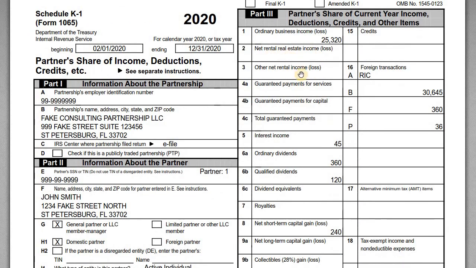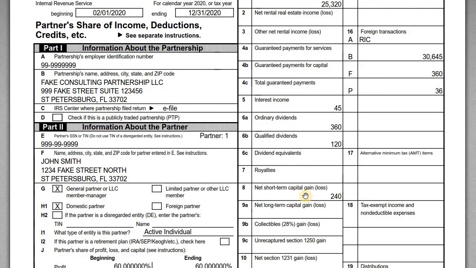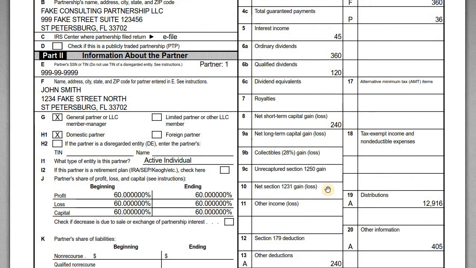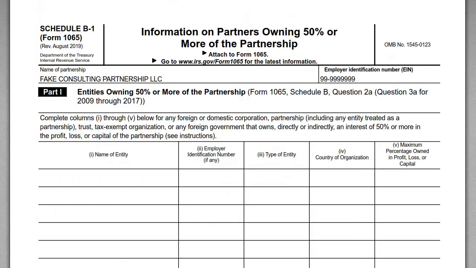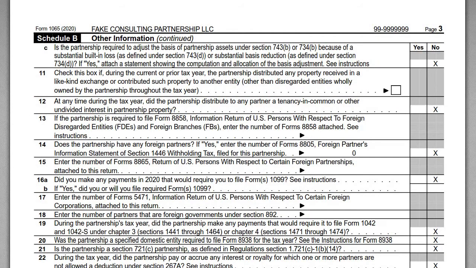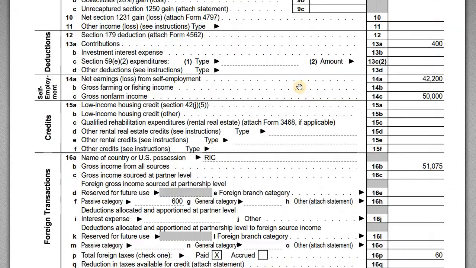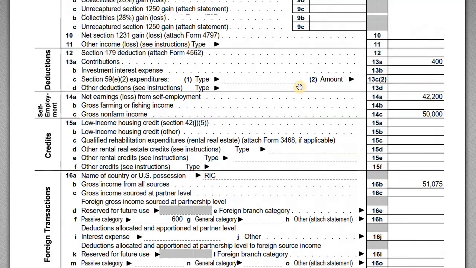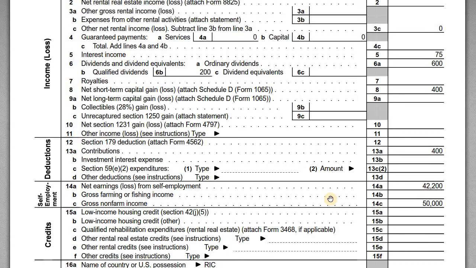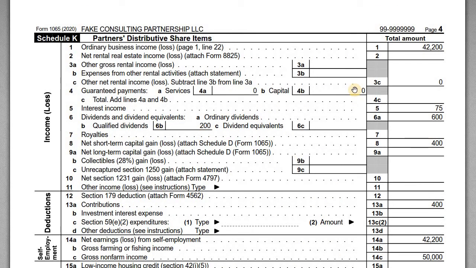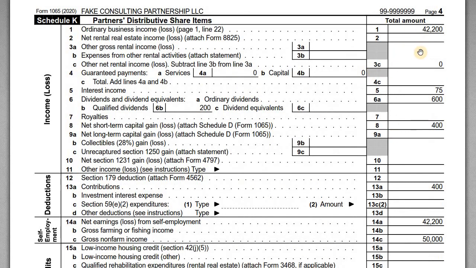And then the same corresponds for all these other values here, right? So we have 5A, 6A, 6B, line number 8. All of these balances are John's allocation, so 60% of the numbers that you're finding here, okay? So not too confusing, it's just important to remember that when you're looking at the return as a whole, Schedule K are the total amounts for the partnership, and then ultimately all of these amounts need to be allocated across all of the partners, right?